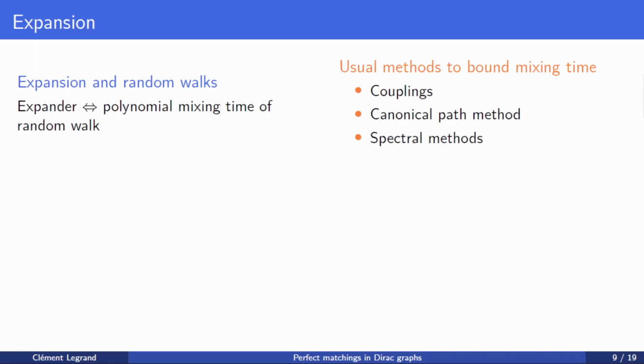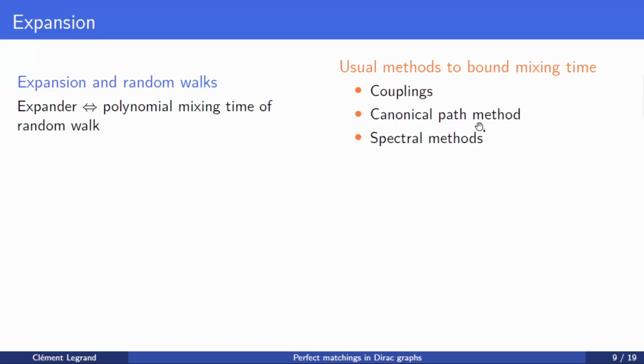They converge to uniform distribution in polynomial time. And so what we're trying to do here is to do some random walk on our graph H, and to bound the amount of steps we need to do before we come epsilon close to uniform distribution on my graph. To do this, there exist several methods. So one of them is by doing some coupling argument.